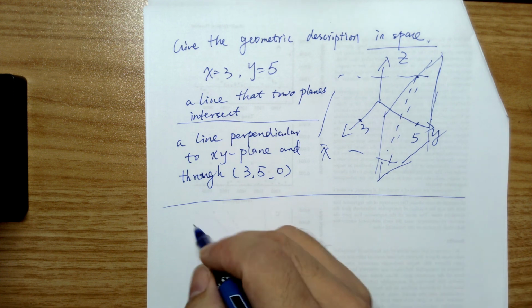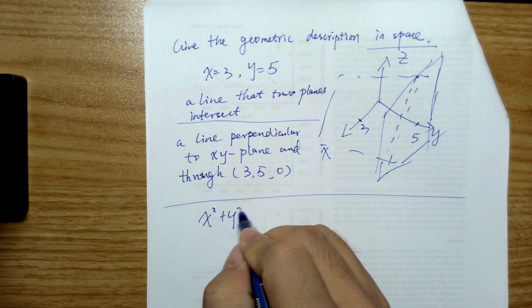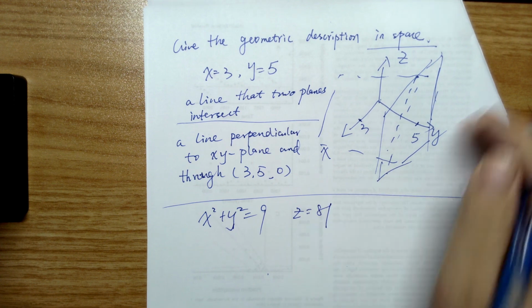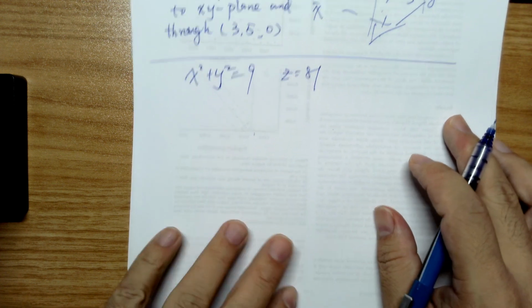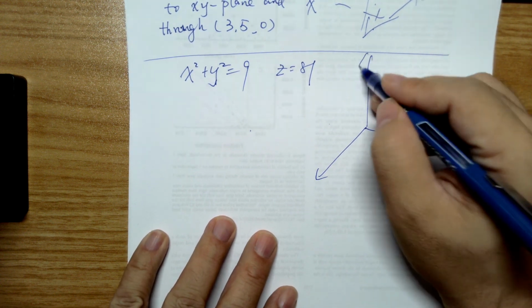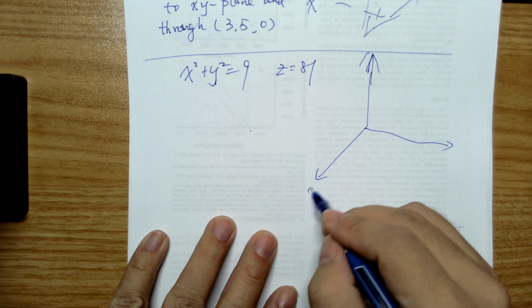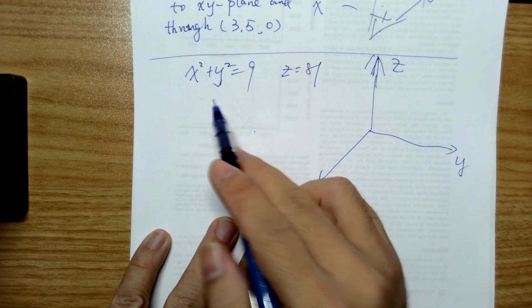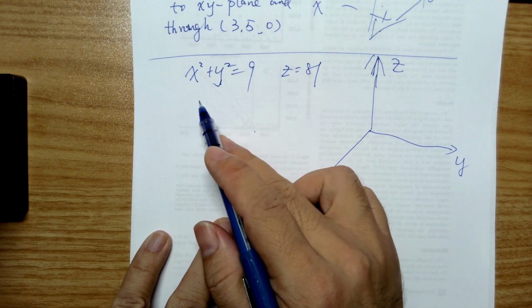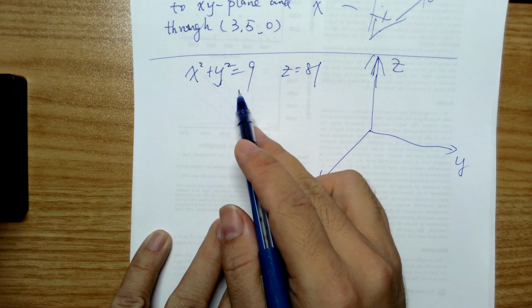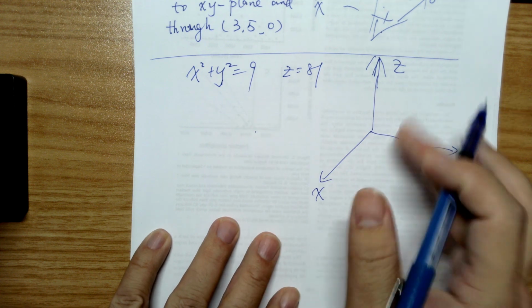Second one is x squared plus y squared equals 9, and z equals 81. So again, if we draw this, you will see that in space, when x squared plus y squared equals 9, it's not a circle anymore.